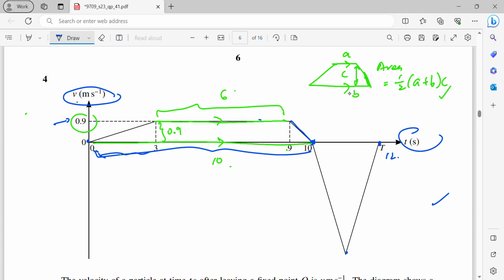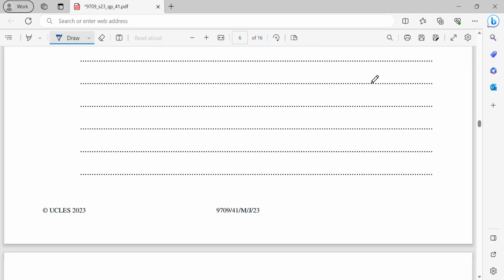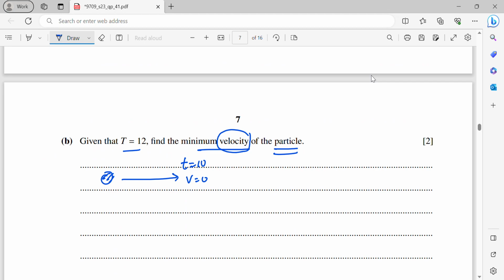So initially at O, this is t equals 0. After that it comes to rest here, after that moves back. So now this becomes t equals 12 seconds.